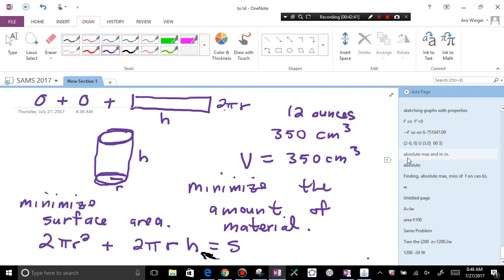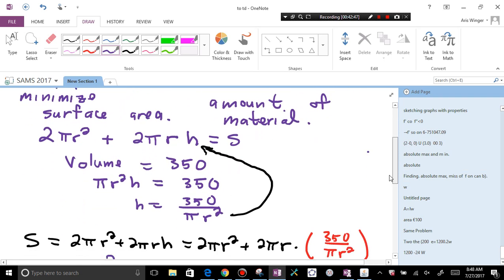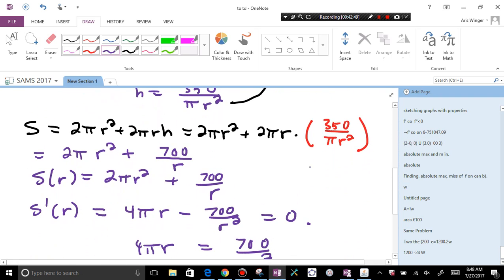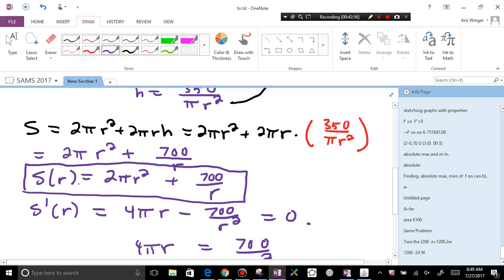We could do all sorts of things, but the best way to see it would be this. The question is, this is the surface area in terms of the radius. So this is saying a lot of things.